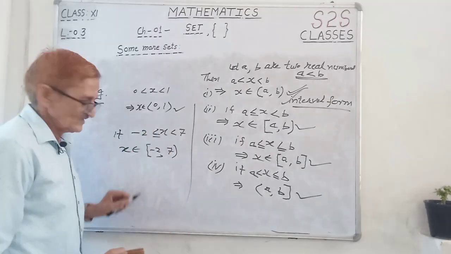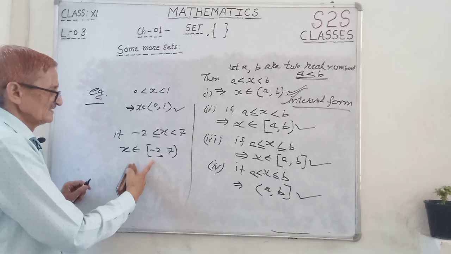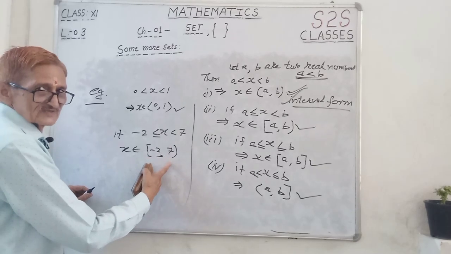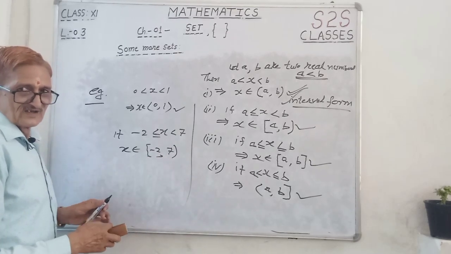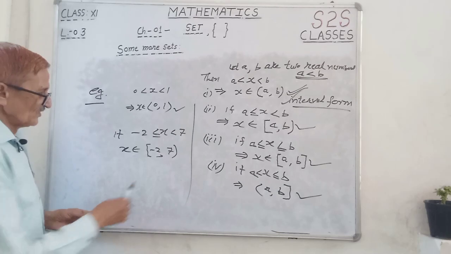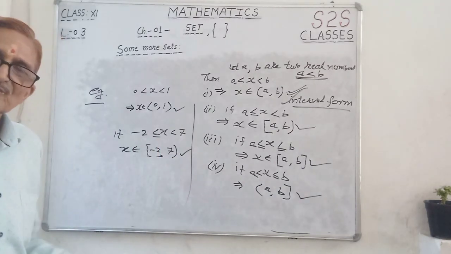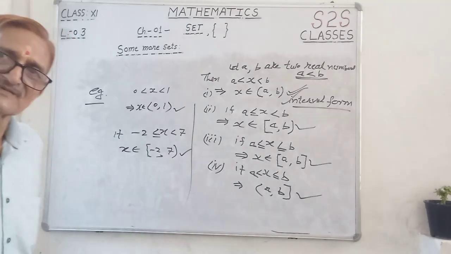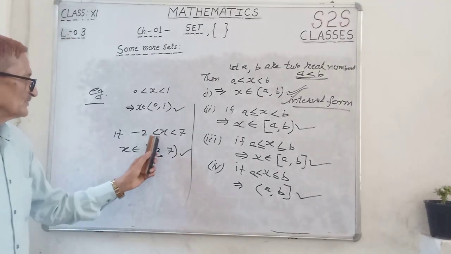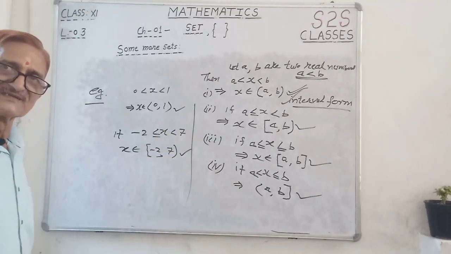Or we can write directly: minus 2 closed, comma, 7. This is the set interval form of all the real numbers from minus 2 to less than 7.